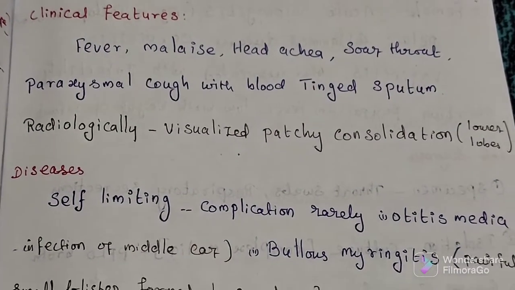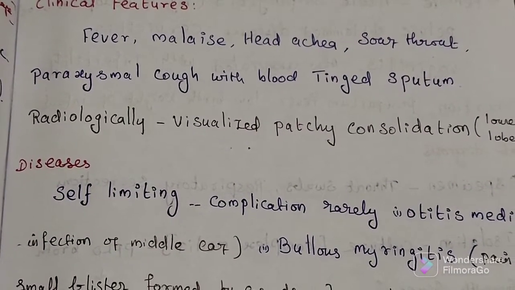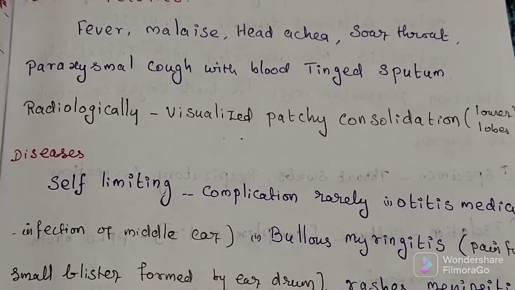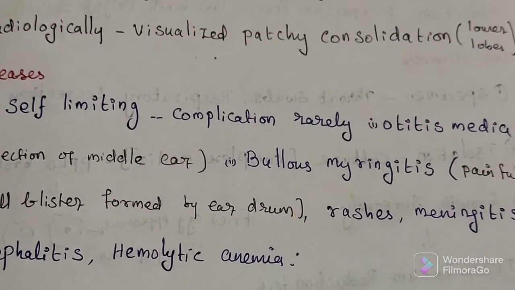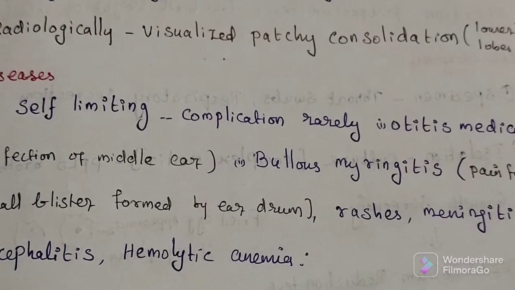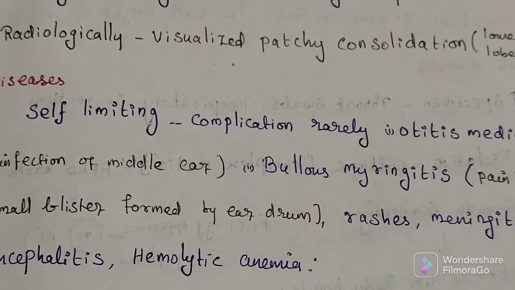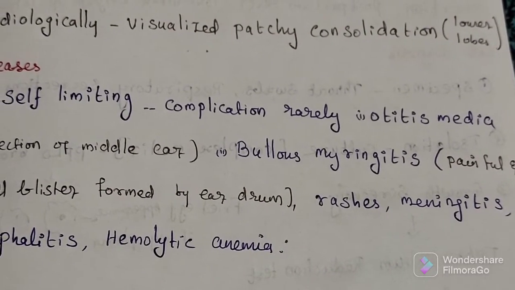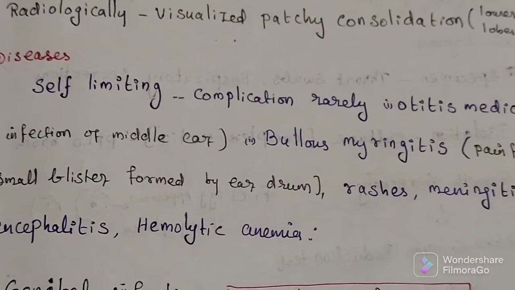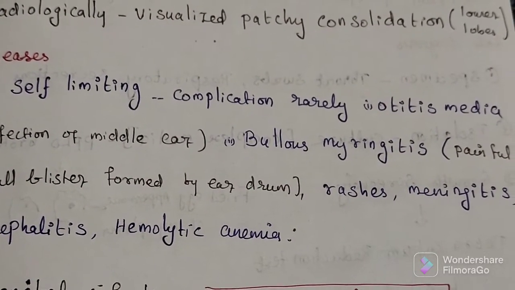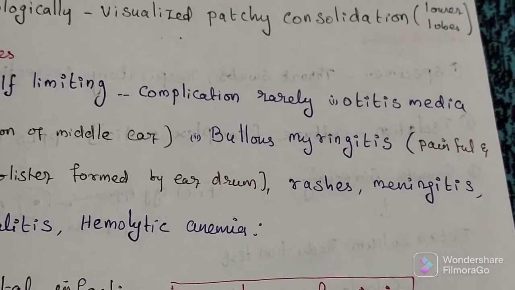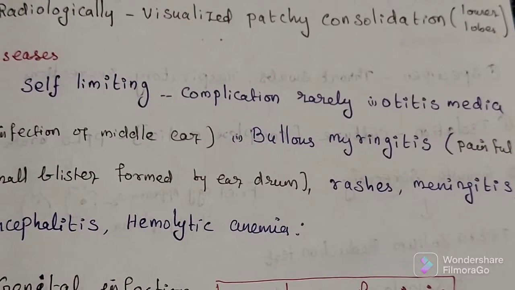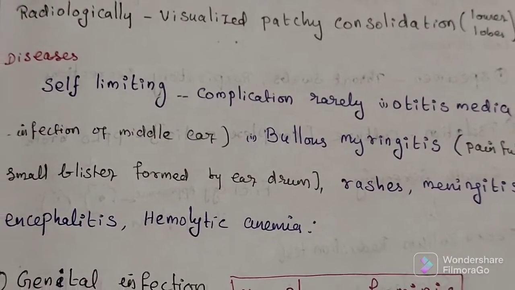Diseases caused by mycoplasma are usually self-limited. There can be some complications, rarely, which include otitis media, which means infection of the middle ear, then bullous myringitis, which is severely painful, with a small fluid-filled blister formed on the eardrum.